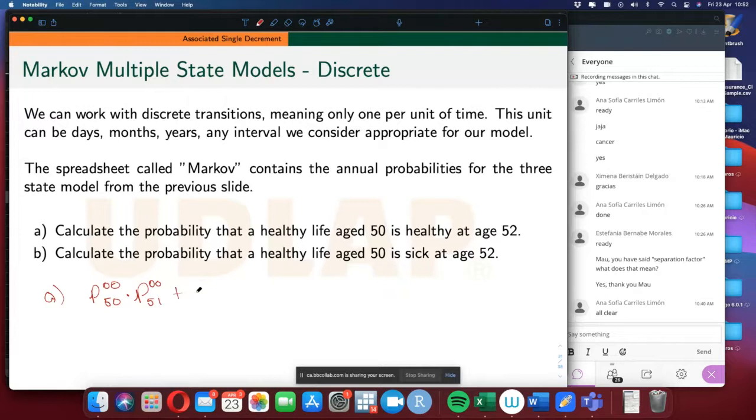But we also have another option, right? We have this person who's healthy at age 50 getting sick and then recovering from that. Okay. So now we have this path instead of just one probability. Okay, so let's just estimate that.